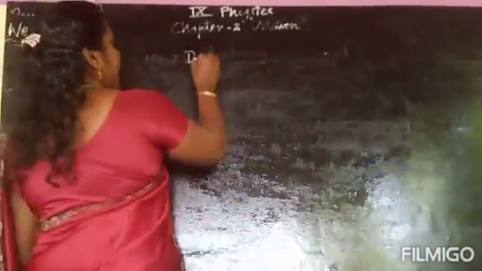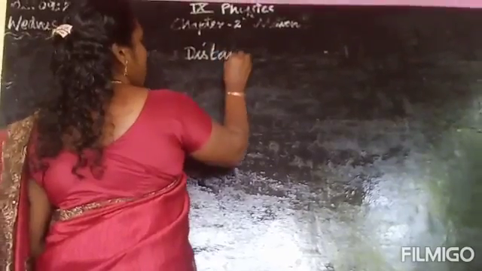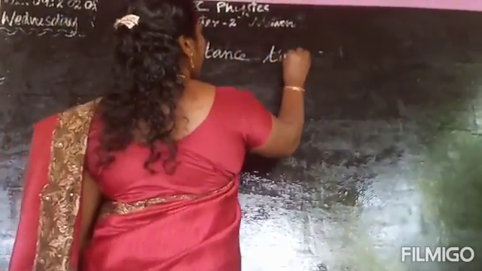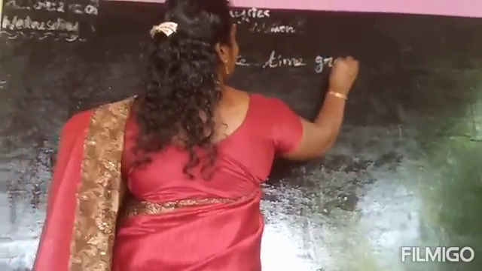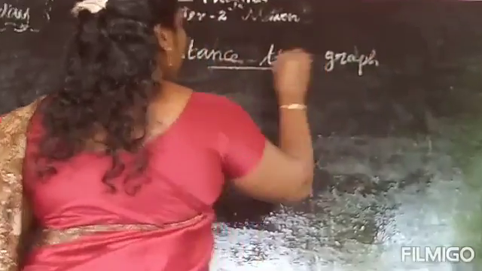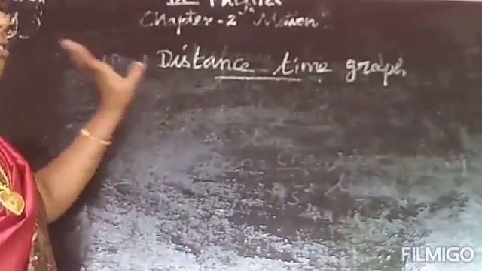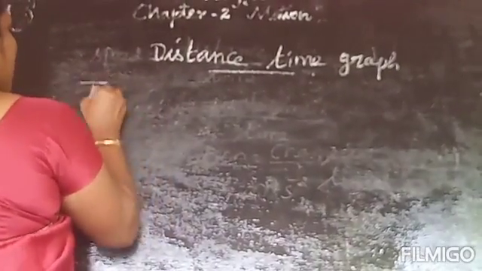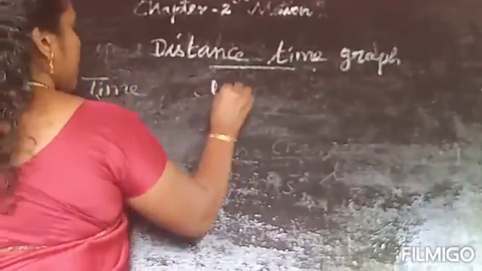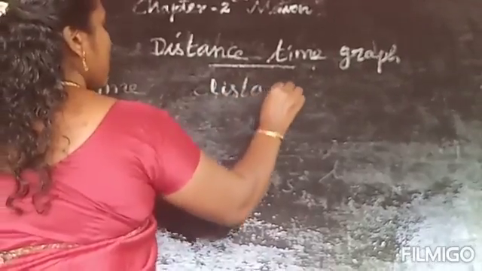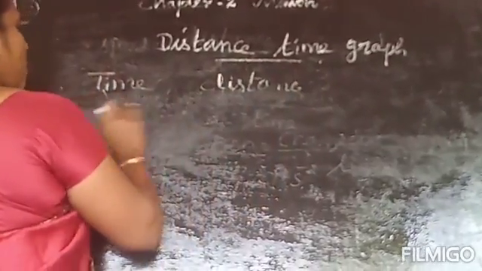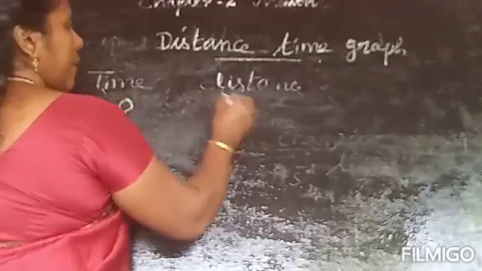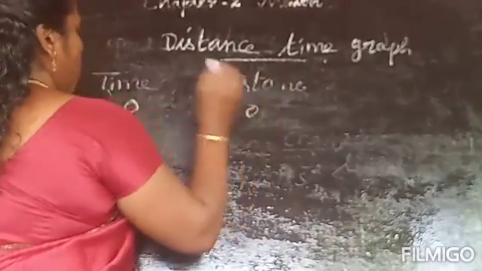Okay, now we can learn about the distance time graph. For that, we need time and distance. Suppose at 0 minutes, 0 kilometer.